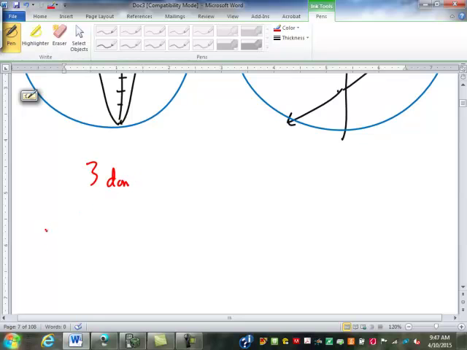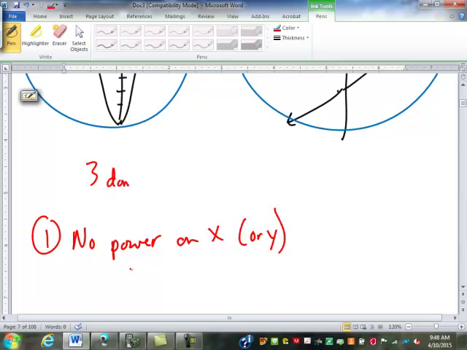Okay, perfect. That's the first one, is there's no power on the x, or on the y for that matter, actually. And powers, I mean also roots. Like in number 4, I think we had the square root. That's a power of 1/2. So that's one thing that those lines don't have, is they don't have a power on any of the variables.